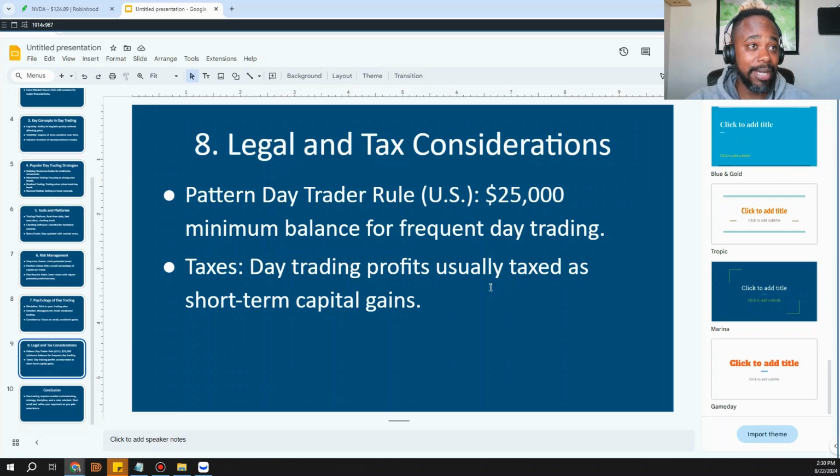Taxes. Day trading profits are usually taxed as short-term capital gains, which is true. So if you're a person that's buy and hold, you're going to be taxed less, especially if you hold your stocks, I want to say 3 years or longer. I think you're only taxed at a rate of like 15 to 20%. I can't remember which one.